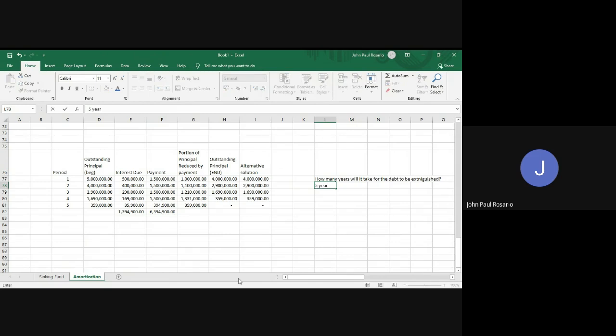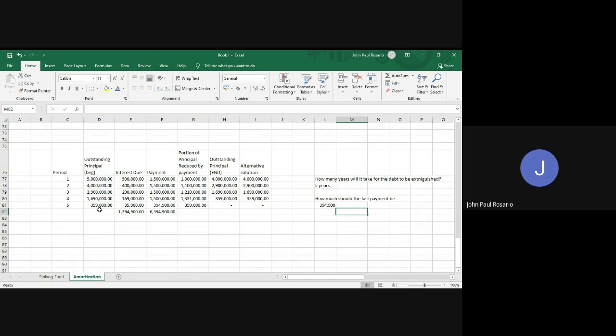So, 5 years. And then, how much should the last payment be? Okay, so we know that it's 394,900. And then for our question also, of the last payment, how much will go to the principal and how much will go to the interest? So for the principal, it's 359,000, and for the interest due, it's 35,900.